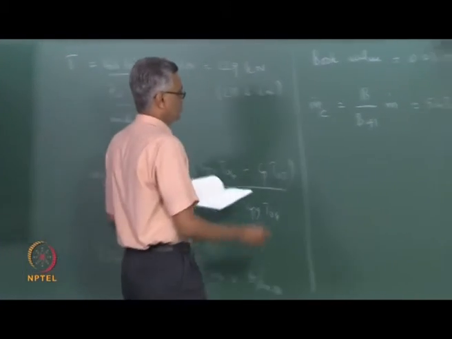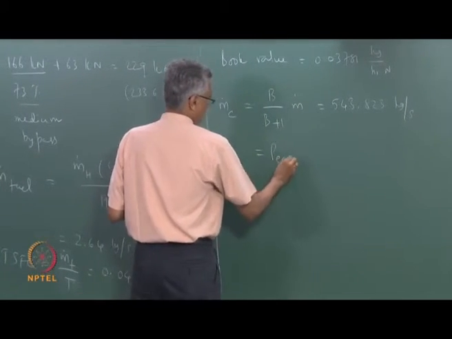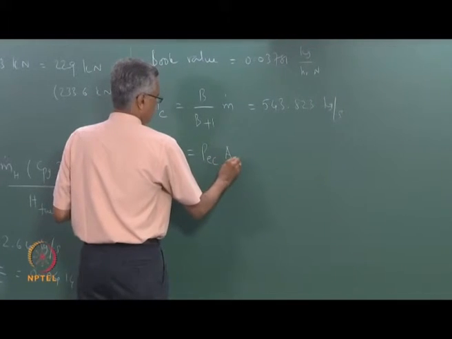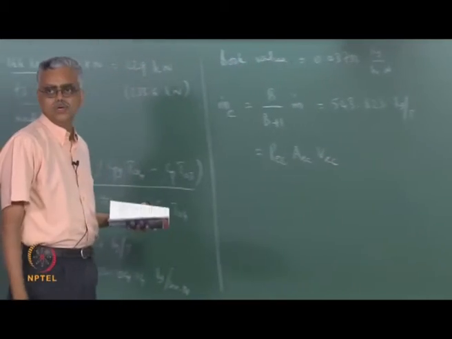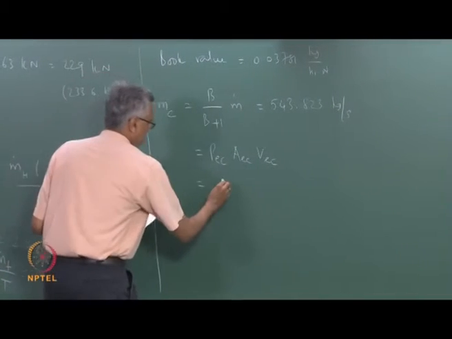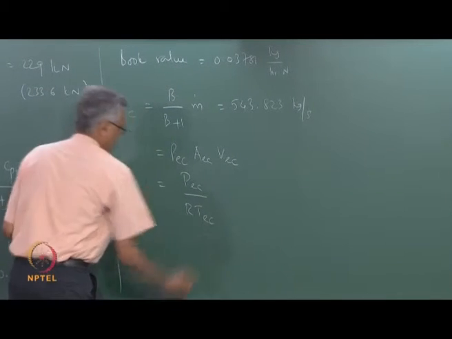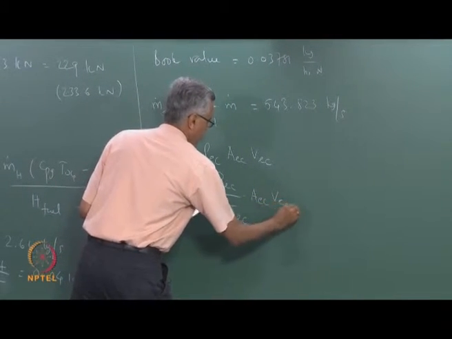We can also use the following expression: m dot C is equal to rho E at the exit for the cold nozzle times AEC times VEC. M dot is equal to rho AV, and I can write this rho as P over RT, times AEC times VEC.